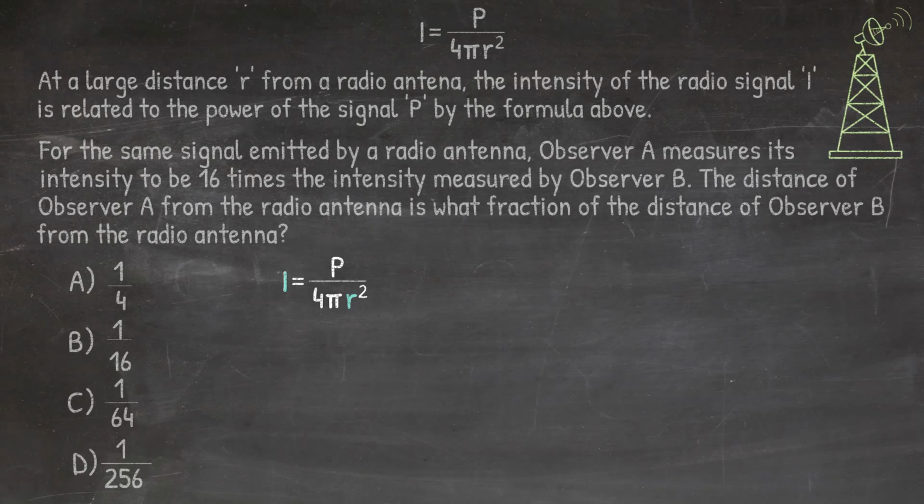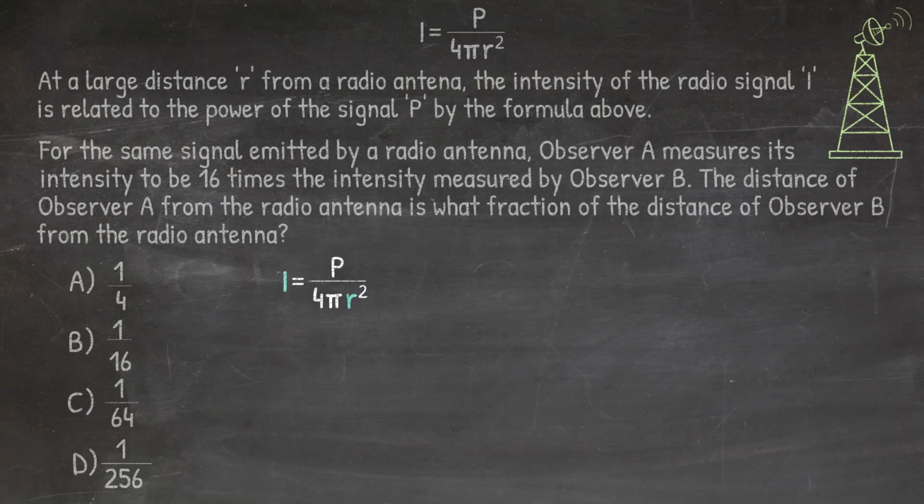If we were to stick to the process, then we'd have to take quite a few steps to arrive at the answer. We know that the intensity formula is P over 4 pi r squared.